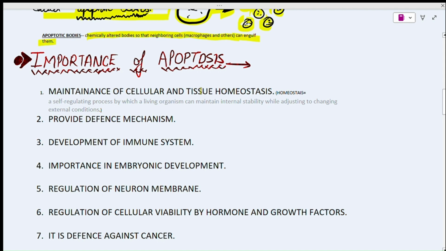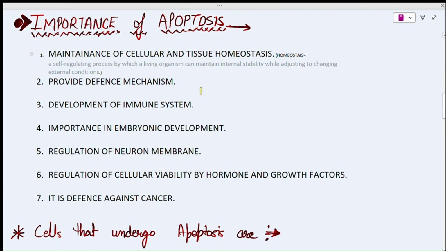The importance of apoptosis is that it maintains cellular and tissue homeostasis. Homeostasis, as you know, is the self-regulating process by which a living organism maintains internal stability while adjusting to changes in external conditions.